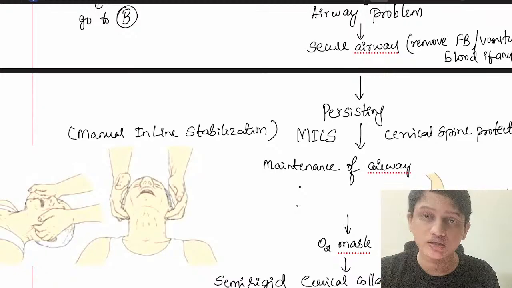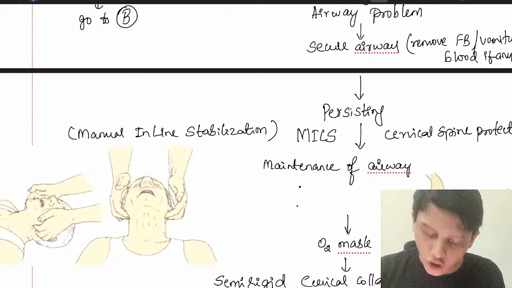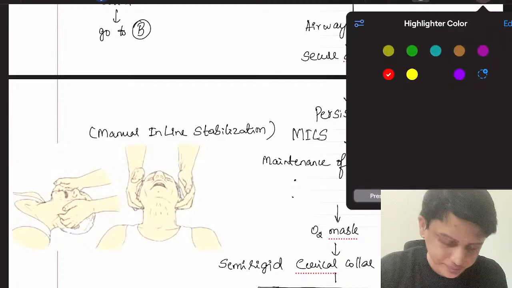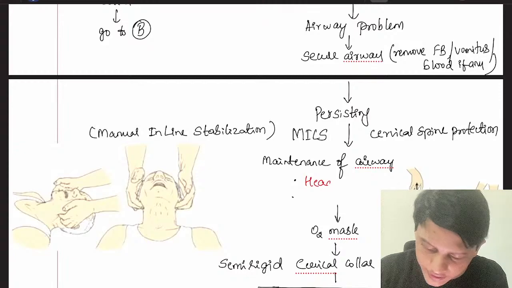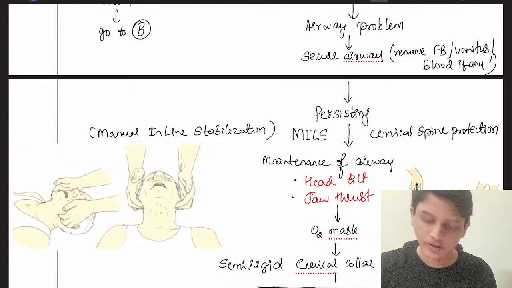There are two maneuvers with which you can secure or maintain the airway. That is called head tilt and jaw thrust. Please write down along with me, it is very important. Head tilt and jaw thrust maneuvers. What is head tilt?